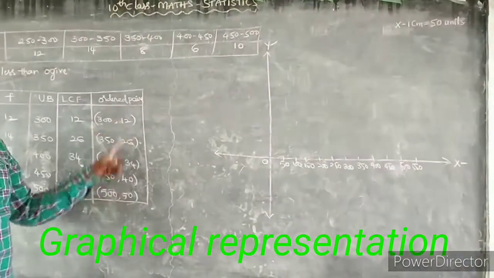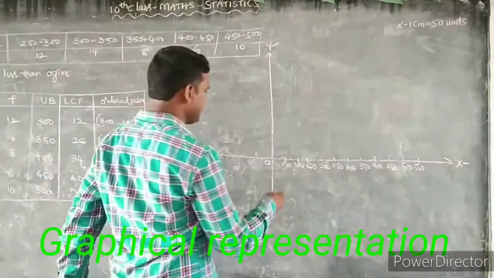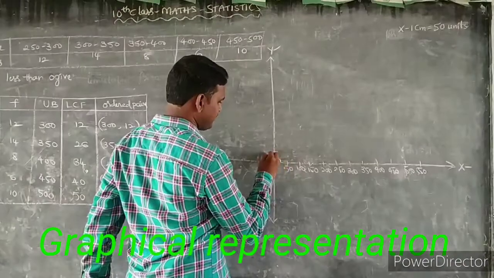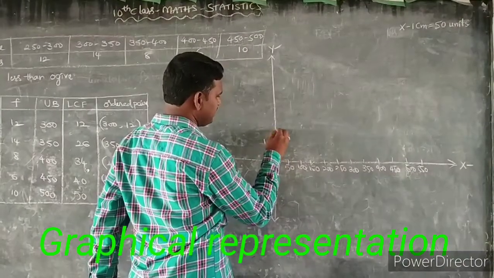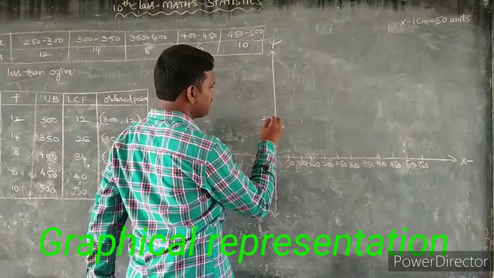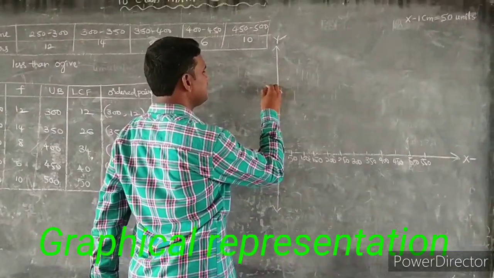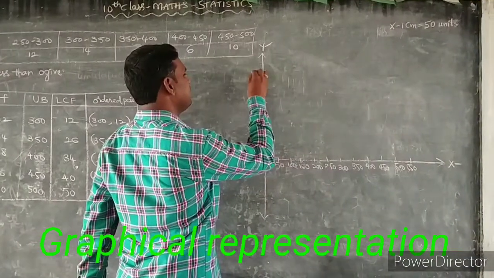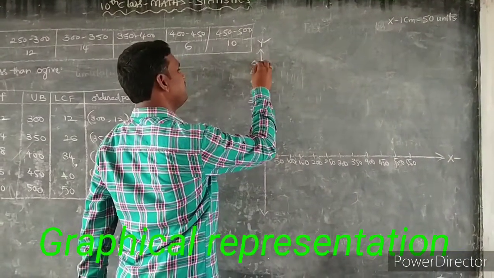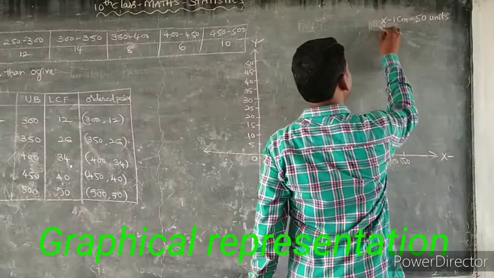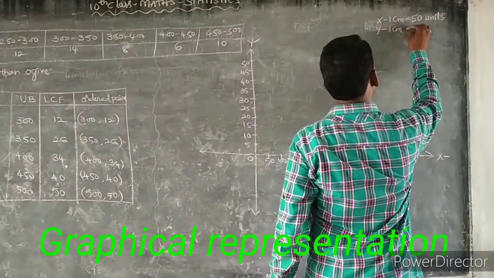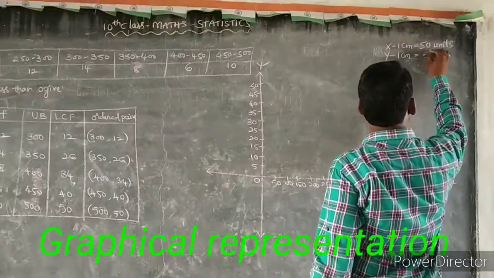12 to 50 are there. I am taking these as 5, 10, 15, 20, 25, 30, 35, 40, 45, 50. Here on the y-axis, how many units did we take for 1 centimeter? 5 units.